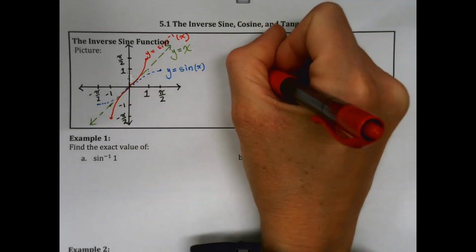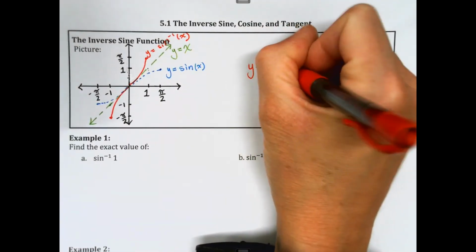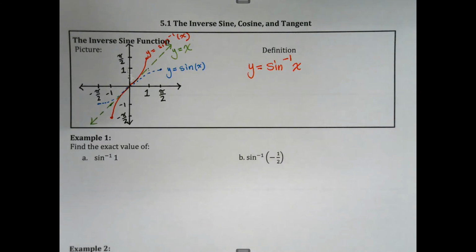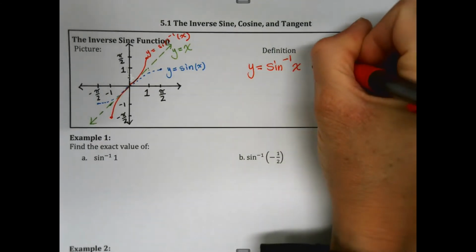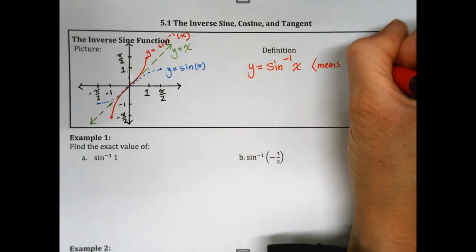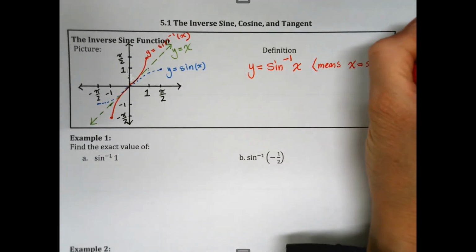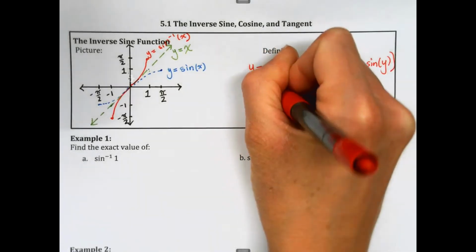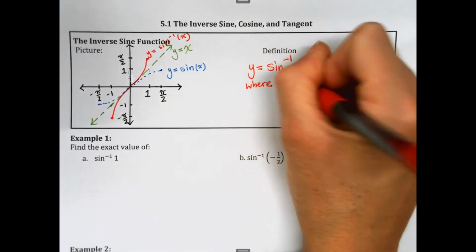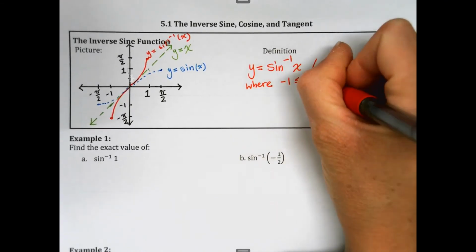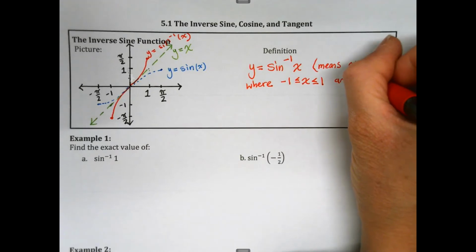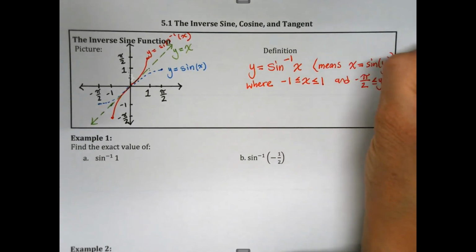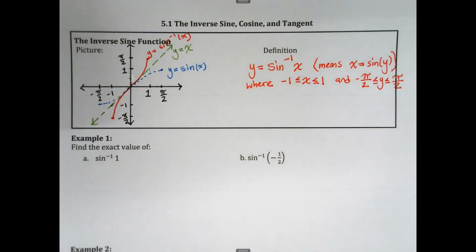Inverse sine, or y is equal to the inverse sine of x, where you put a power of -1, essentially means that x is equal to the sine of y, where -1 is less than or equal to x, which is less than or equal to +1, and negative pi over 2 is less than or equal to y, which is less than or equal to positive pi over 2.